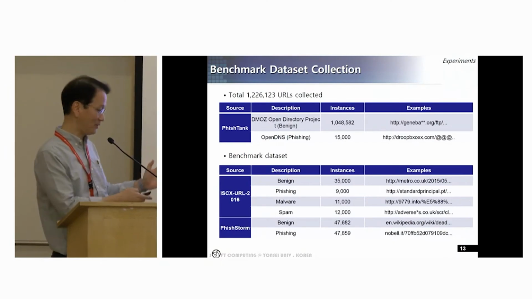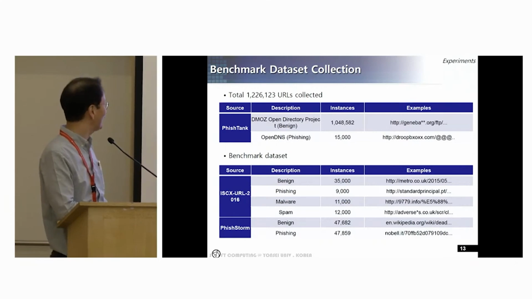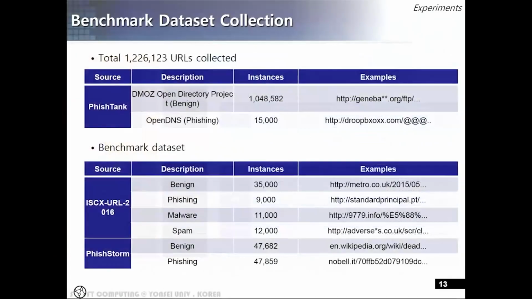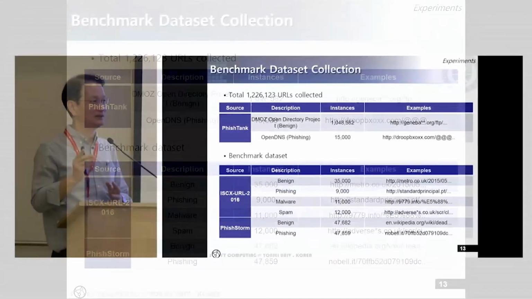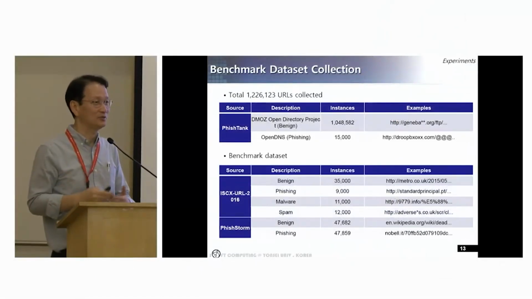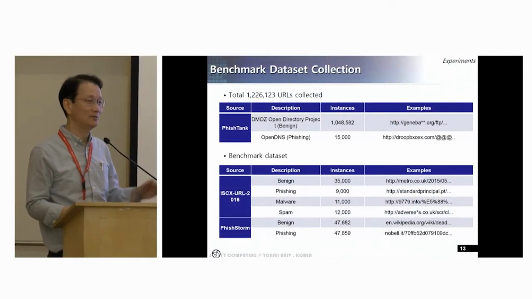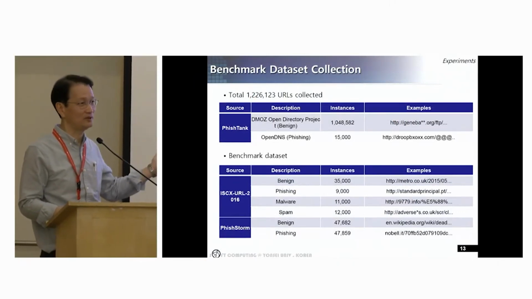For example, the standard principle, where the dot is just missing. That kind of slight change to the original URL can give us some difficulty to overcome. So anyway, we need some more sophisticated techniques like machine learning or deep learning, I guess.